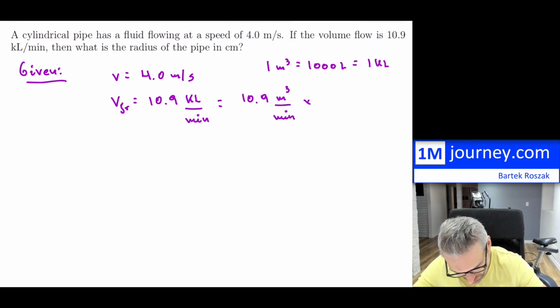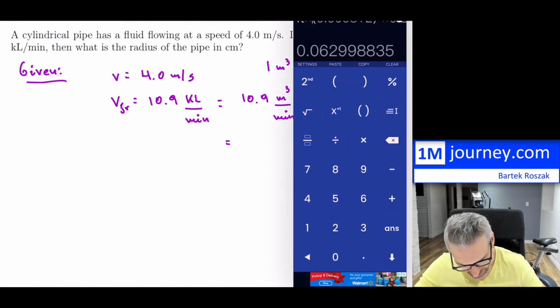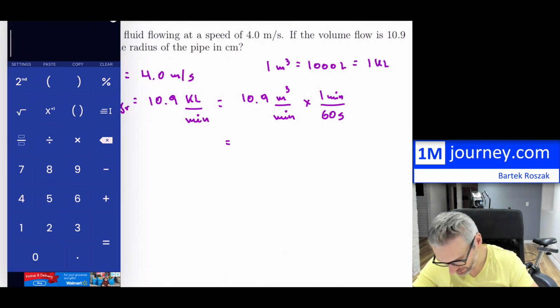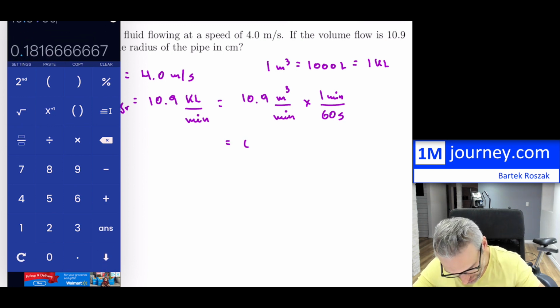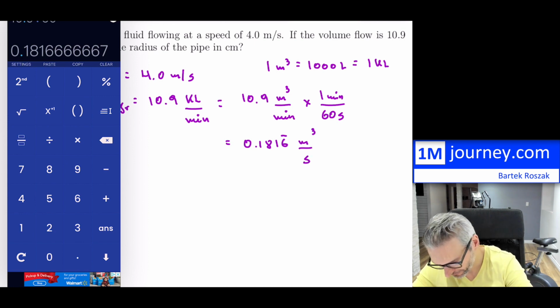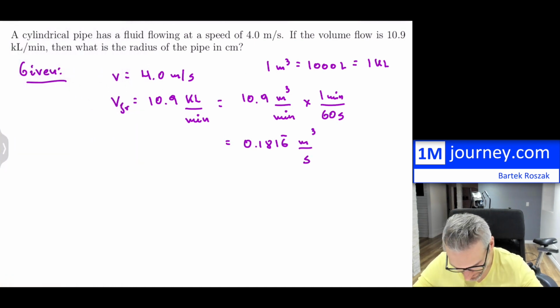Now we can get rid of those minutes and make it per second. So let's see what that gives us. 10.9 divided by 60 is 0.181 and then a bunch of 6s. So this is meters cubed per second.